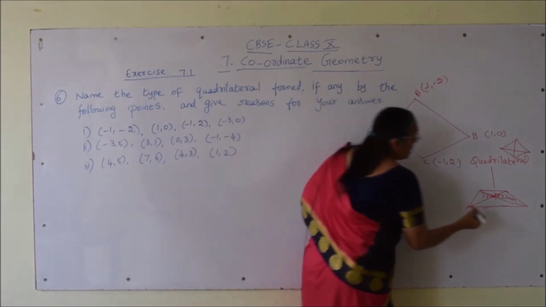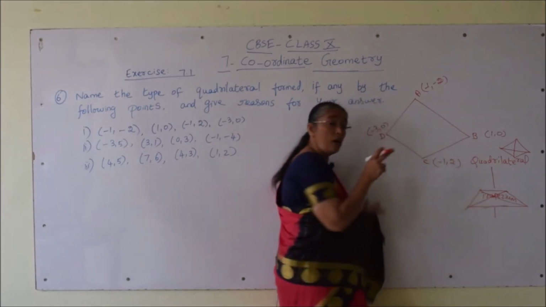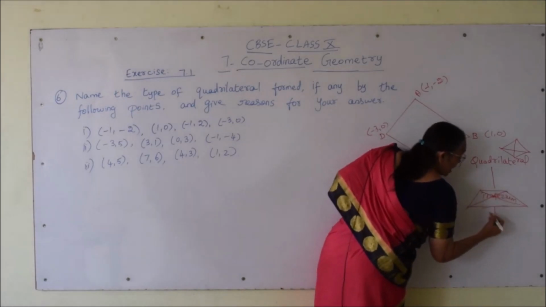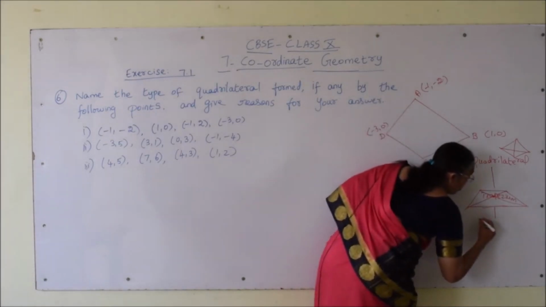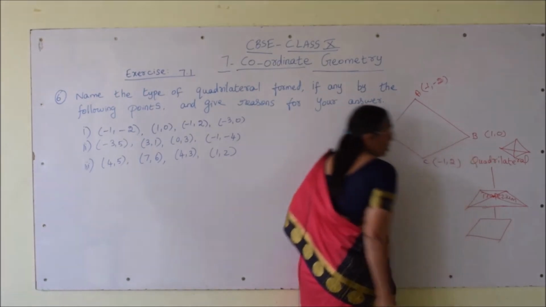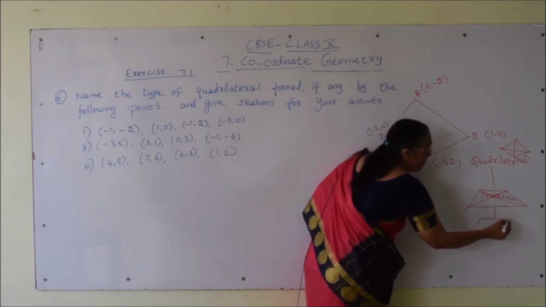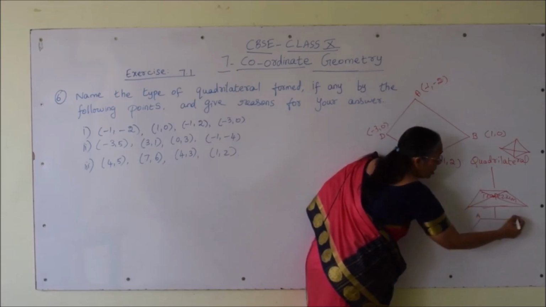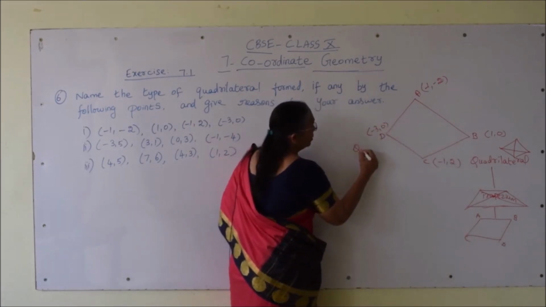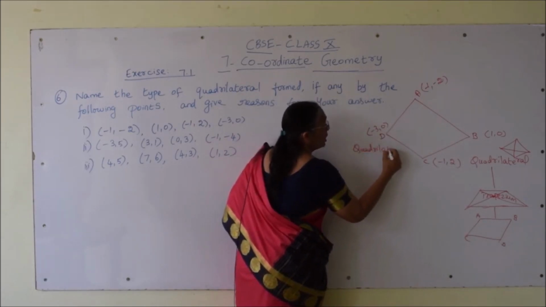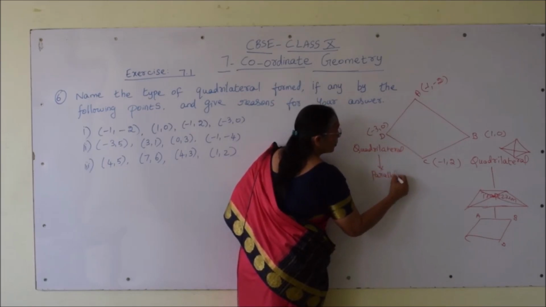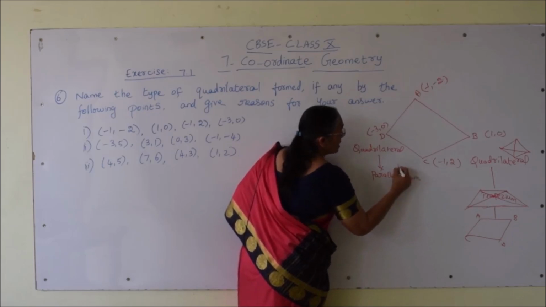See, all the trapeziums are quadrilaterals. The trapezium will change into a parallelogram if the other pair of sides is also parallel. Now, this is a parallelogram. In a parallelogram, opposite sides are equal. So, we will call the quadrilateral a parallelogram if its opposite sides are equal.